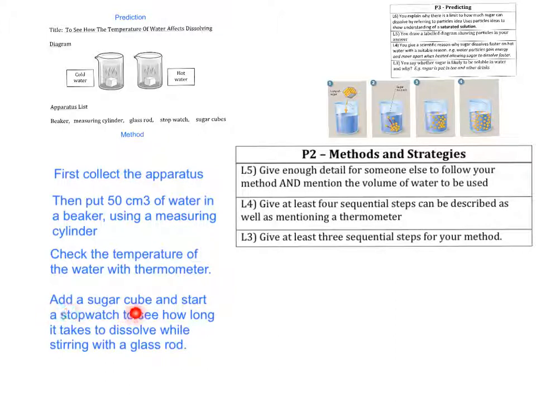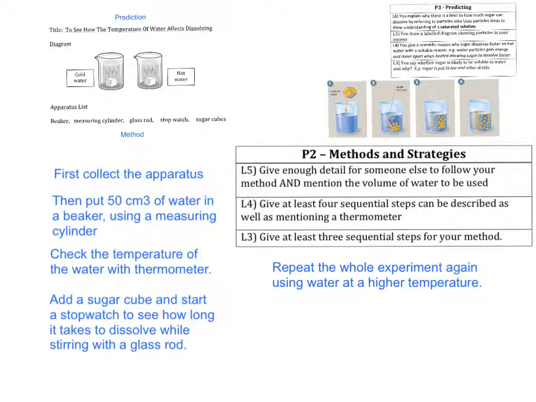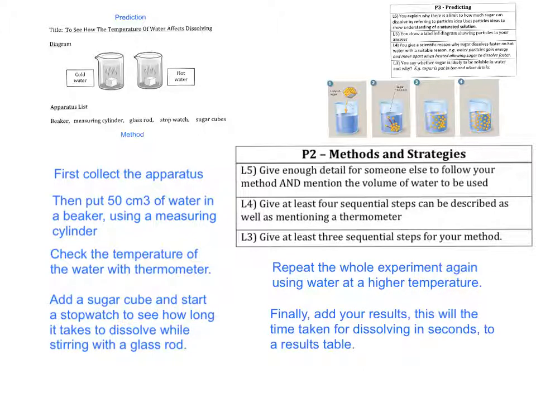Add a sugar cube and start a stopwatch to see how long it takes to dissolve while stirring with a glass rod. Repeat the whole experiment again using water at a higher temperature. Finally, add your results, and this will be the time for dissolving in seconds, to a results table.